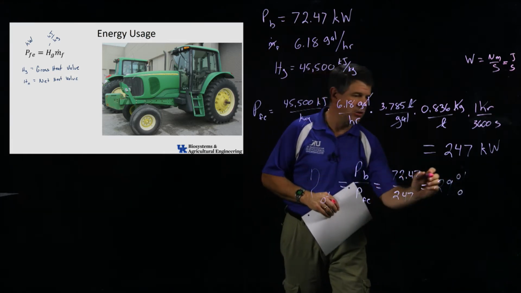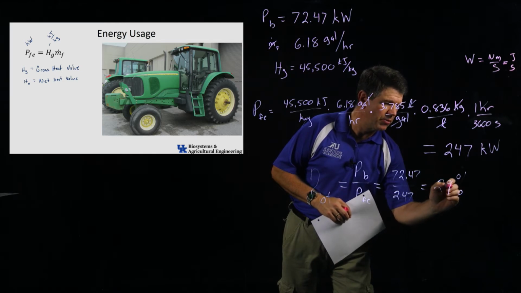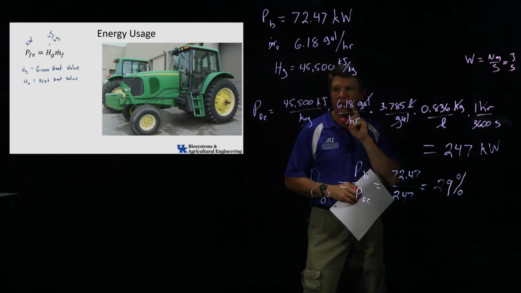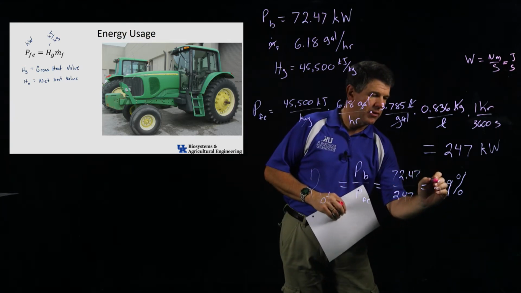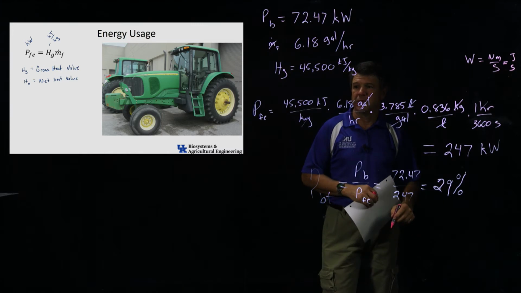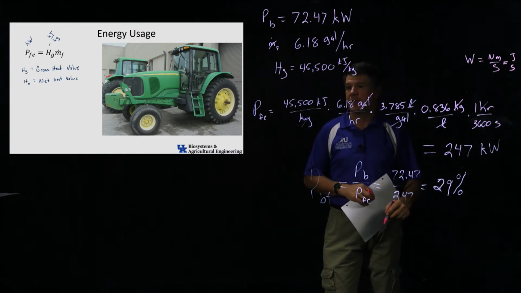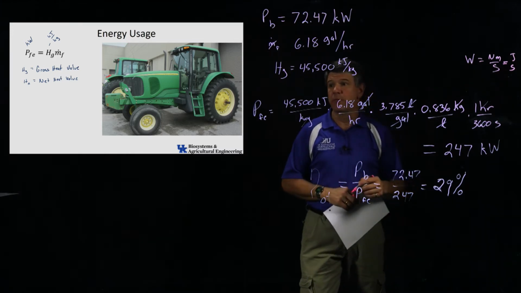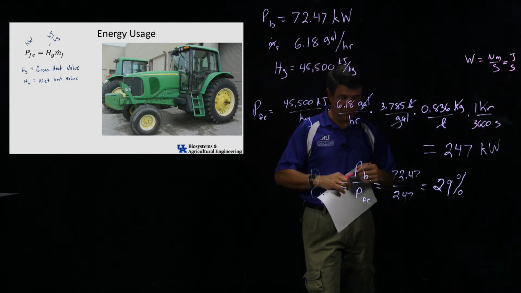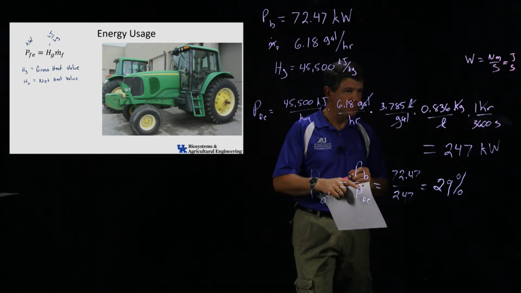So we're essentially using about 29% of the energy that is available in that fuel to run that engine at that condition. Okay, 29%. So there's room for improvement, engineers. Let's see what we can do to solve that issue to make that a little bit better.